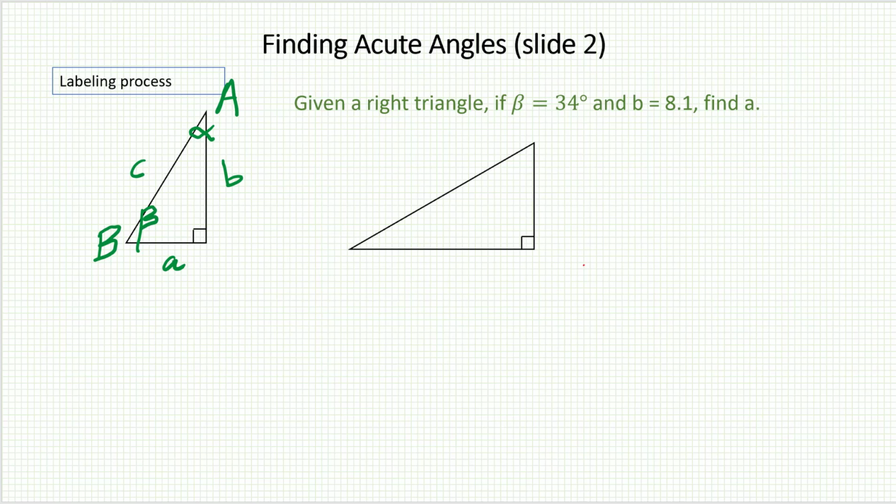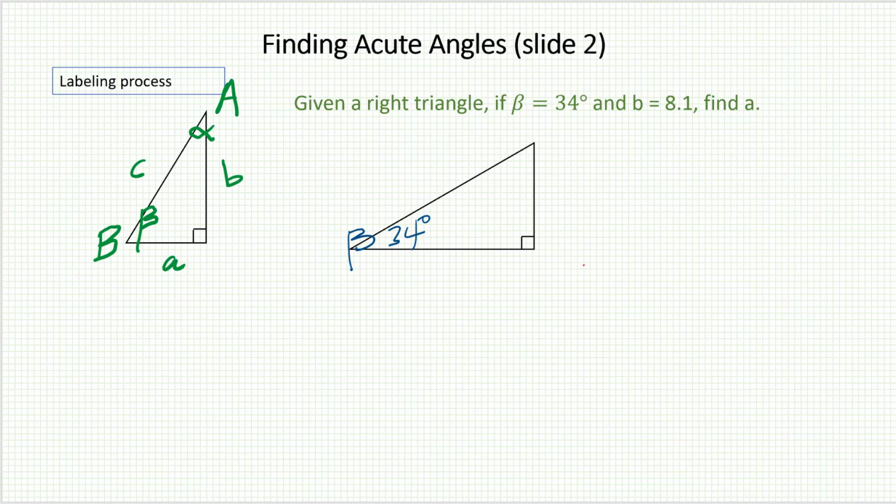That's important to know because when you go back to the problem, they're just giving me pieces. It's up to me to fill in the pieces in the right place. They have given me an angle. I always try to draw my picture at least reasonably accurate, so I drew one that looked like it had about a 34-degree angle right here. So that's angle beta. Then they told me side B is 8.1.